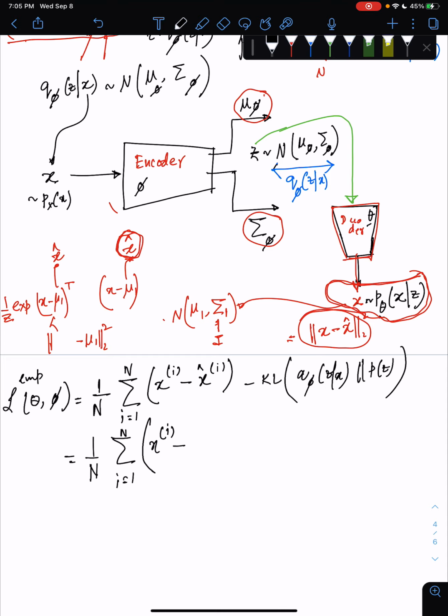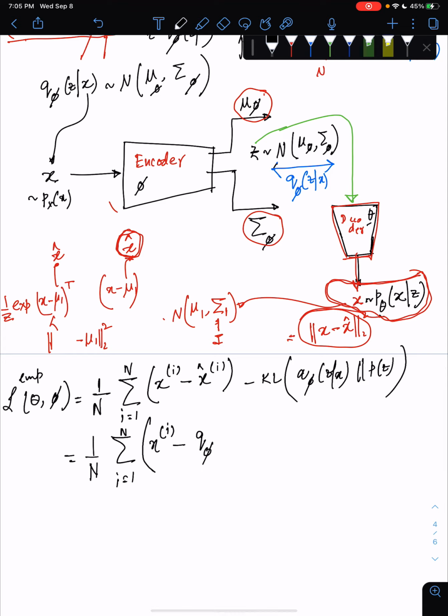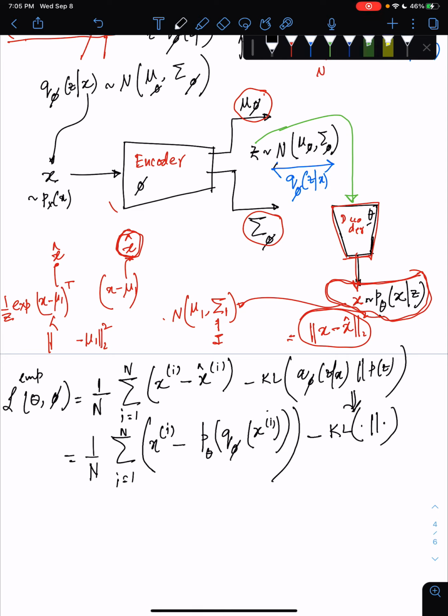First, we have this neural network q phi, which takes an input x and produces some z, and then we have this other neural network. So this is the empirical loss function.